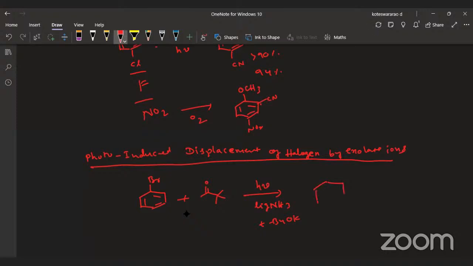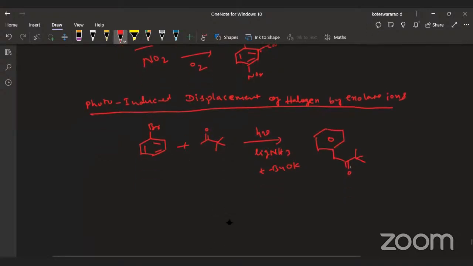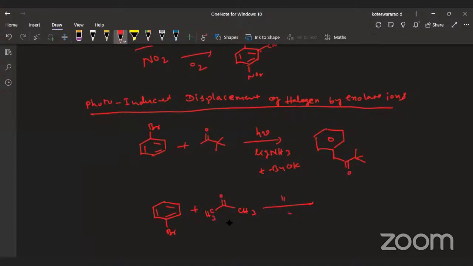Then that leads to the formation of the substituted product. That bromine is substituted. Similarly, when treated with acetone under the same reaction conditions, it leads to the formation of a substituted product.